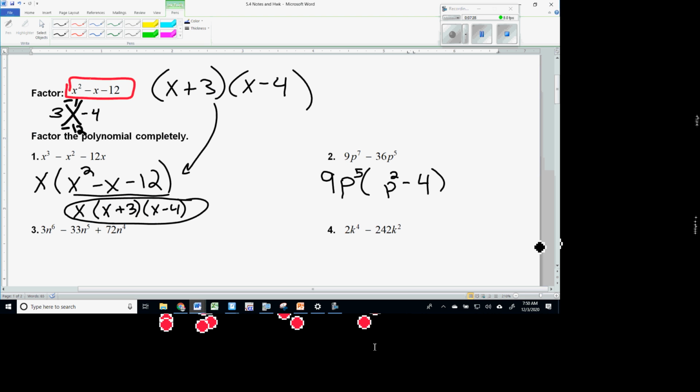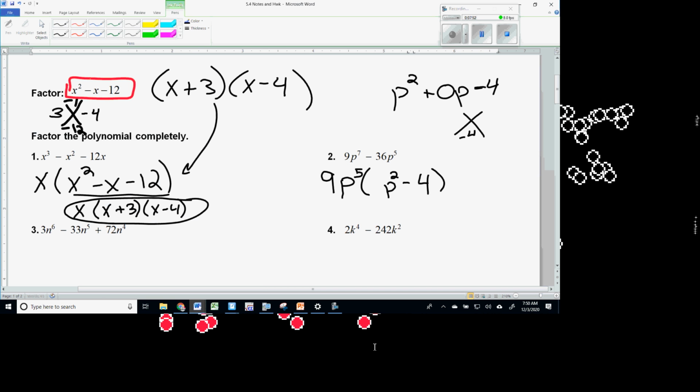Now, how do we factor this? If we think of this as p squared, what's the middle term? It's not there, so that means it's 0. So what are two numbers that multiply to give you -4 and add to give you 0?